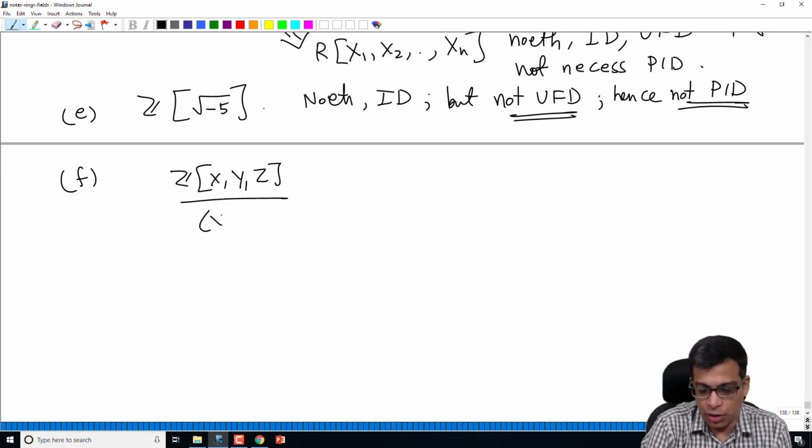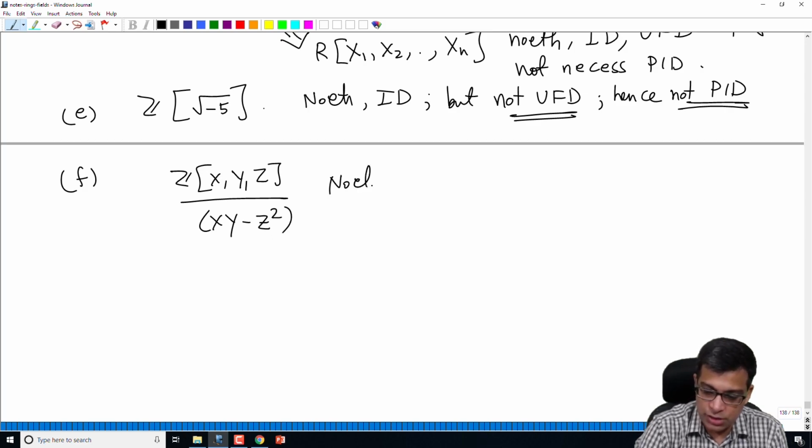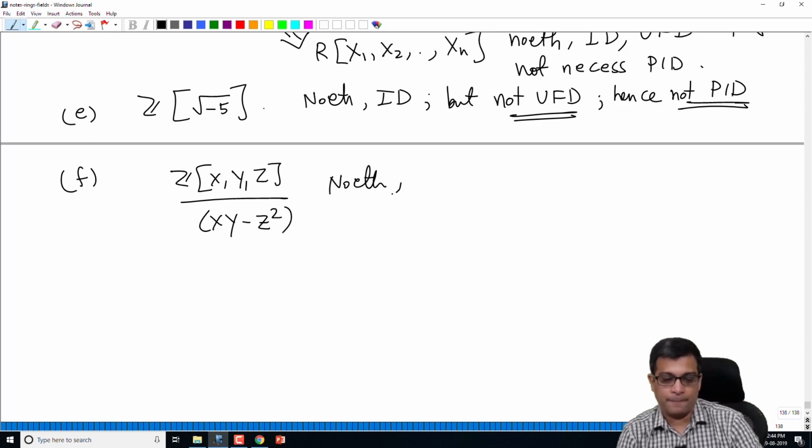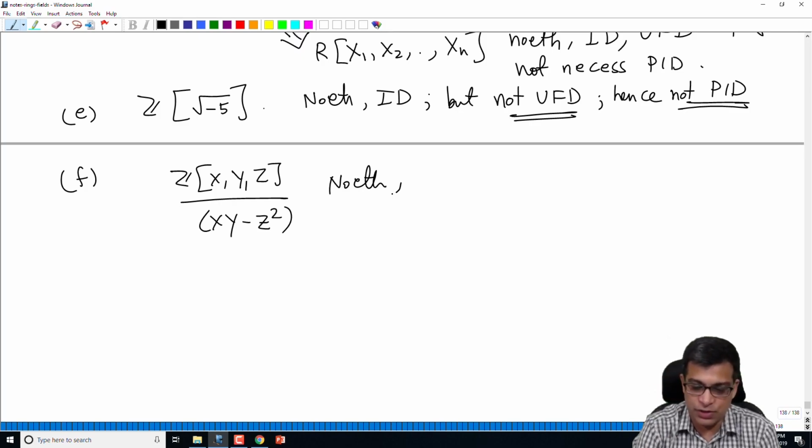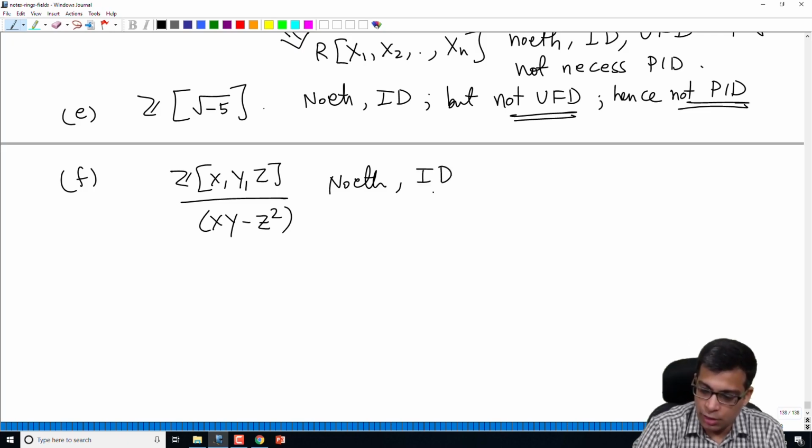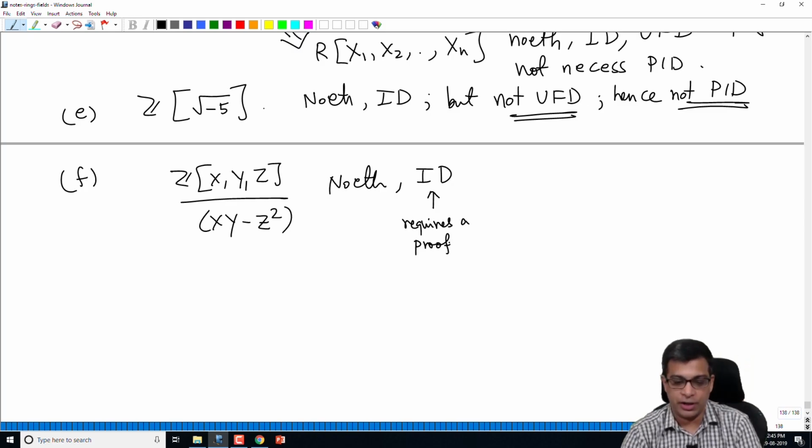Okay, some of these are not immediate, one has to check. So what I will let you do is, this is Noetherian. Because this is a polynomial ring in three variables, modulo an ideal. So the image of a Noetherian ring is Noetherian, and the ring Z[x,y,z] is Noetherian. So when you quotient, this is the image of Z[x,y,z], so it's also Noetherian. ID requires a proof, and let me not do that for now, and we can discuss it in maybe the discussion forum.